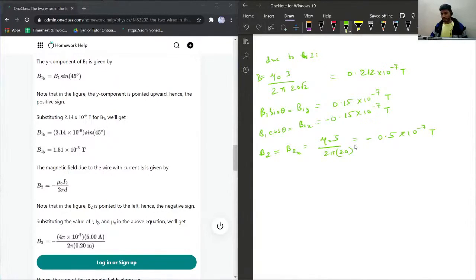So in this case, for Bx total, this will be minus of B1x plus B2. So this will be 0.15 plus 0.5 into 10 power minus 7, and this will be 0.65.